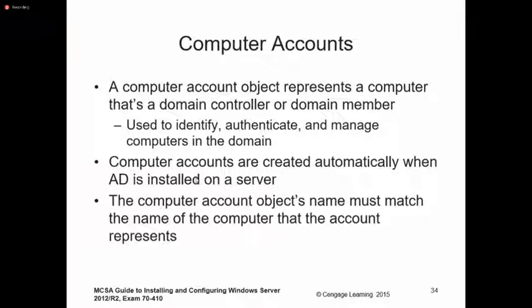So if you check the configuration on the client computer, it says it's added to the domain, but in the domain you don't have that computer object because it has been deleted. So you have to remove that client computer from the domain and then add it again. Is that clear?